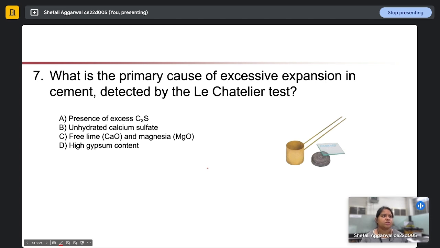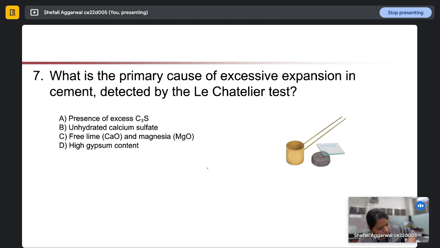So the next question is, what is the primary cause of excessive expansion in cement detected by the Le Chatelier test? We are doing this test for the soundness of cement. So what exactly does soundness tell us about? The presence of excess C3S, anhydrous calcium sulfate, free lime and magnesia, or high gypsum content.